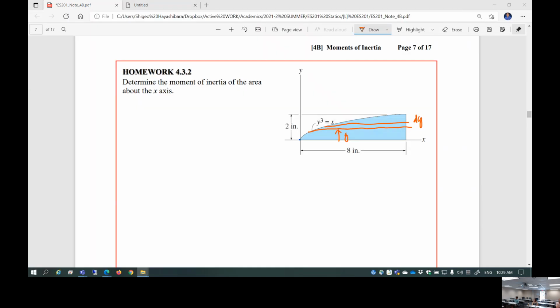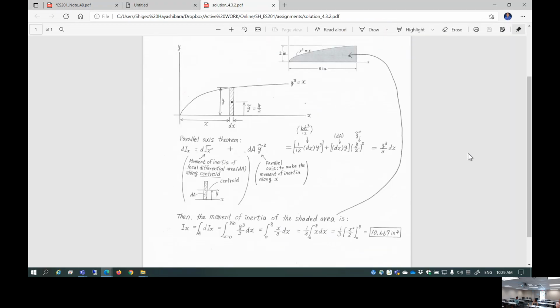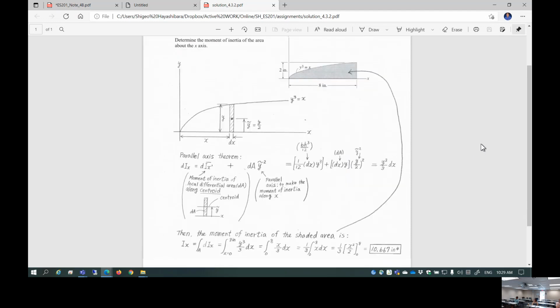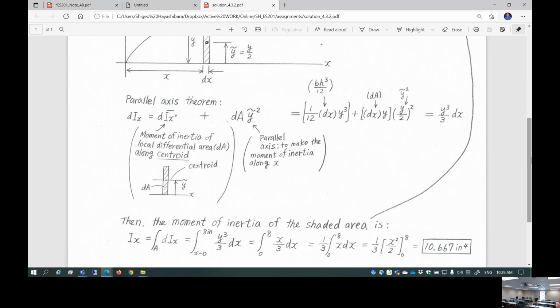Homework 4-32, right? Let me just double check. Oh, okay, it looks like I'm using x. It looks like it requires the parallel axis theorem, which is kind of similar to what we did today anyway, so you can handle that.